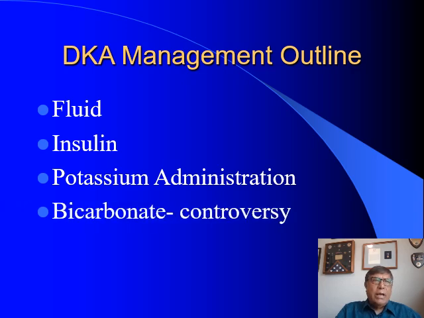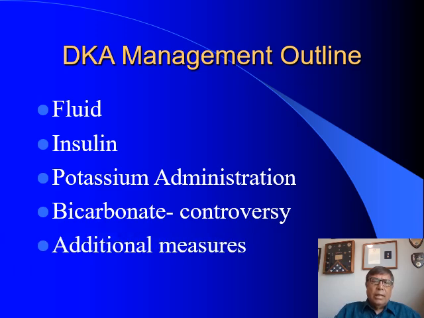And the bicarbonate, which I just mentioned, is hardly ever used, and there is controversy. Maybe very few scenarios where bicarbonate may be used, and additional measures that we do to make sure the patient is not going in the wrong direction.